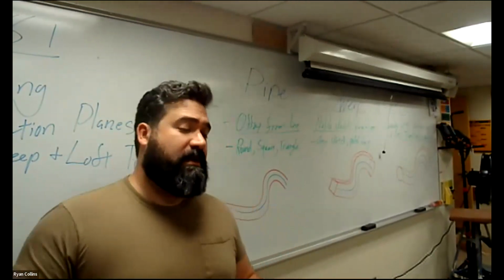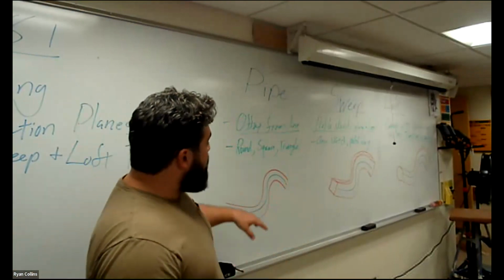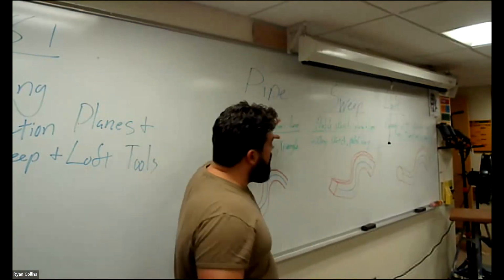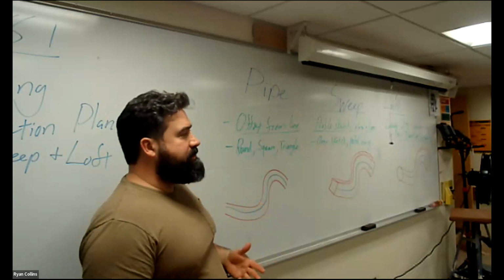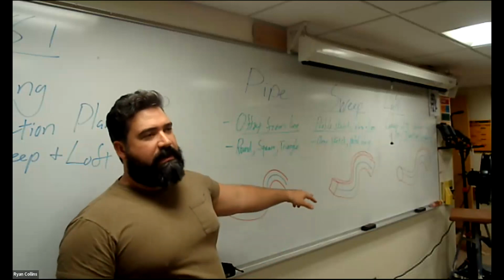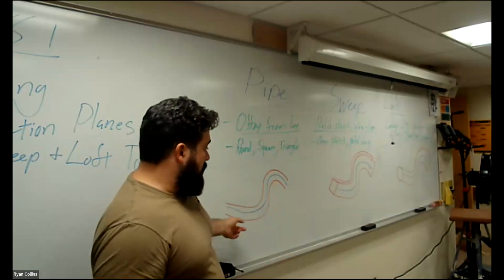I'm going to go over this again in Fusion, but just for the sake of stuff here, you have several different methods for creating three-dimensional forms around a common line type. What that means is a line.